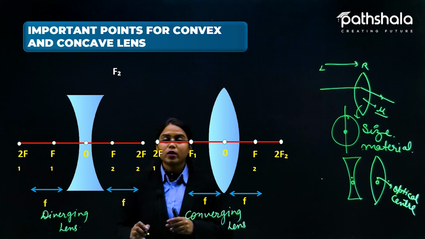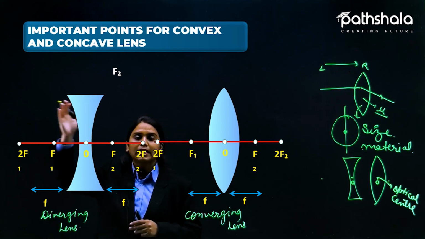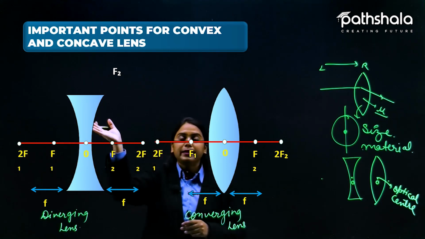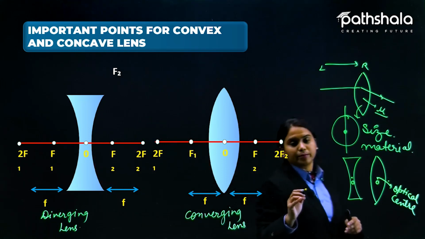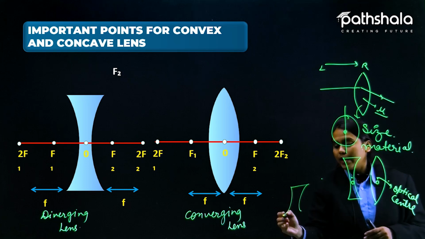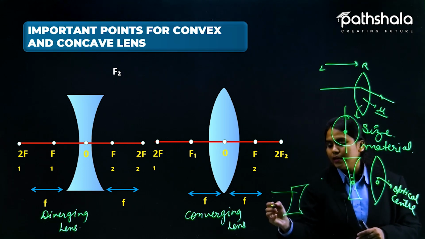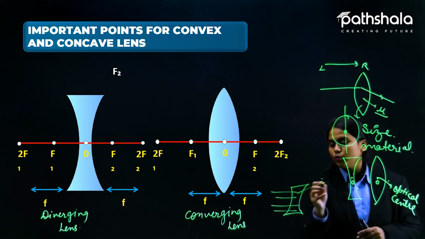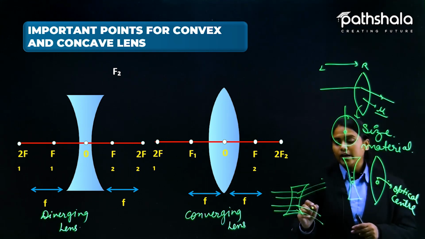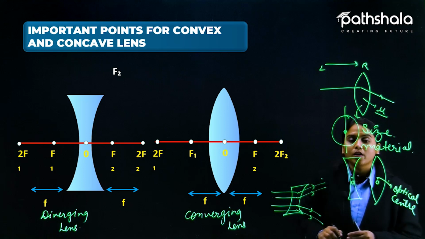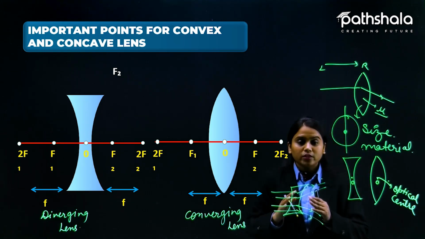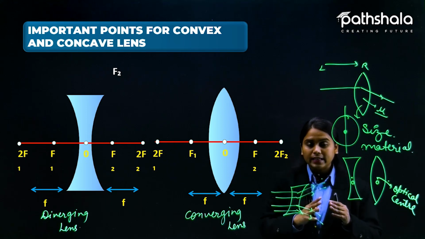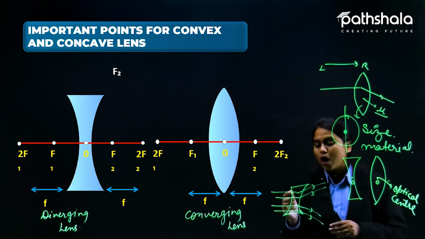So in this case, what is happening? All the light coming from this side will diverge in different directions like this. Let me show it by diagram. Light is coming like this and it is going to diverge at a particular point, in a particular direction according to the refractive index. So it is going to refract like this, but how does it seem?